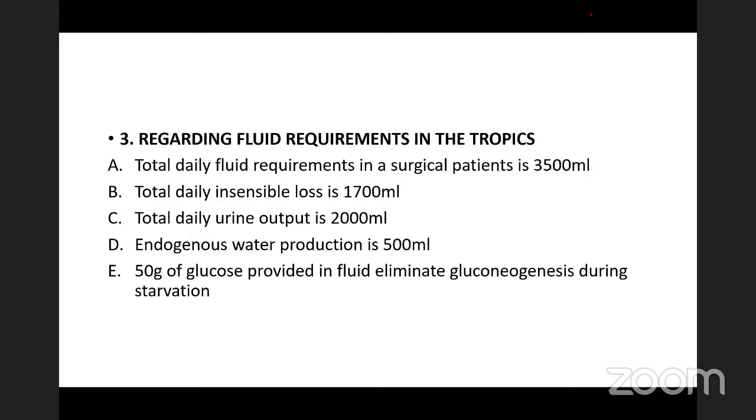The total 24-hour urine that is lost in the tropics is 1,500 mils. In the tropics, an adult loses up to 1,500 mils. And the amount lost via insensible loss is 1,700 mils.